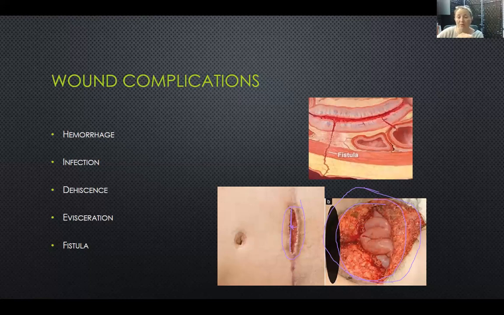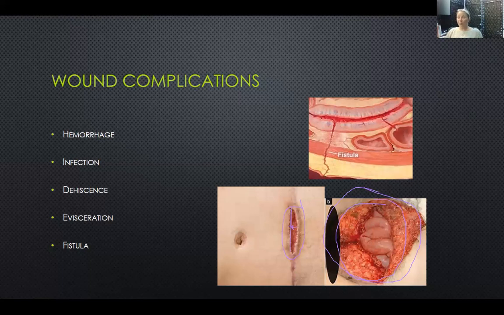So who is at risk for dehiscence and evisceration is going to be patients that are either obese or malnourished. Smokers are going to be at higher risk for evisceration and dehiscence. People who are on blood thinners aren't getting that hemostasis they need, and infected wounds.